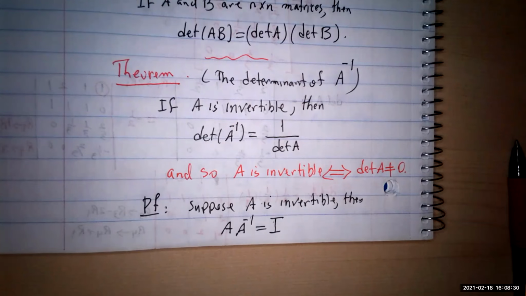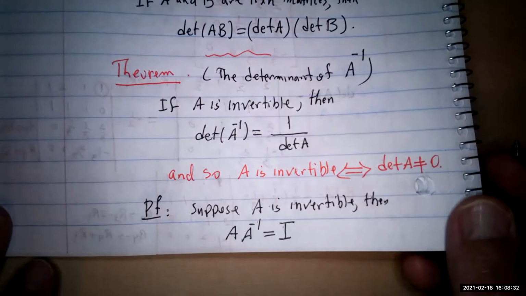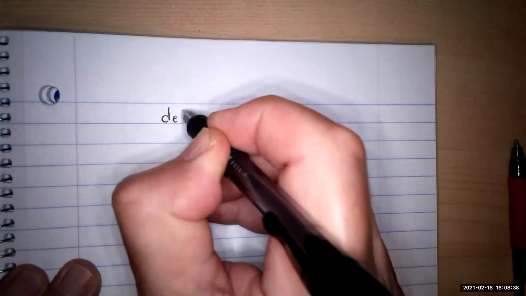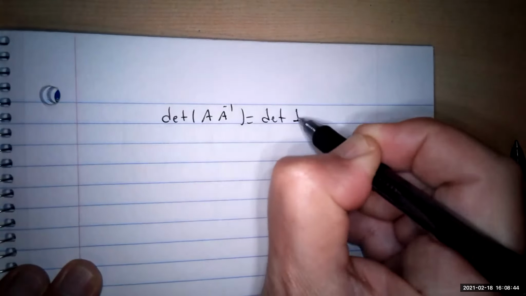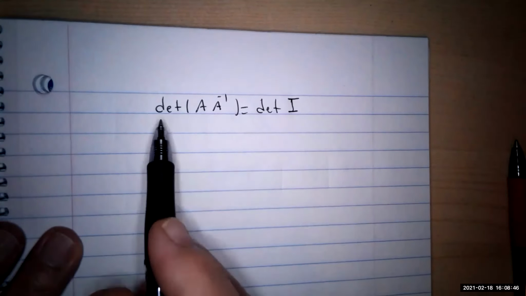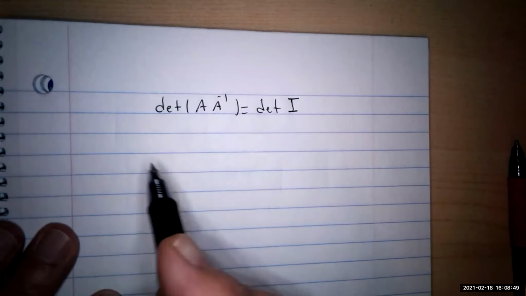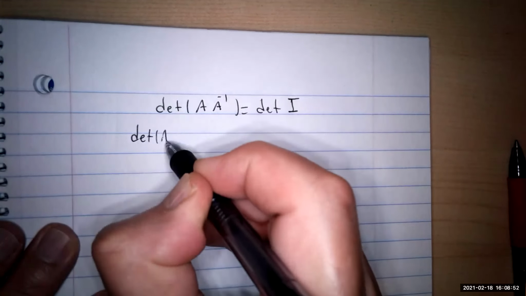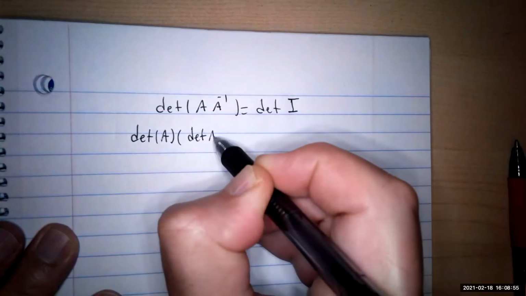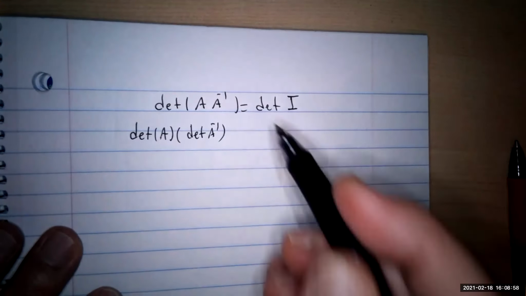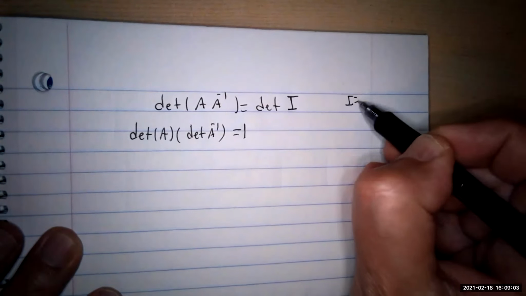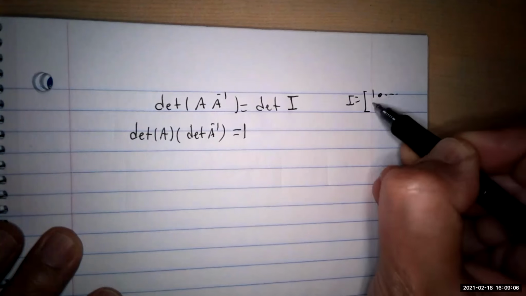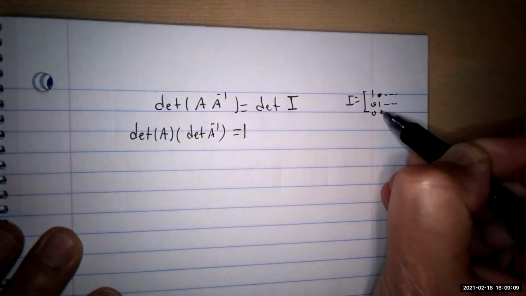If you take the determinant of both sides, the determinant of A times A inverse is equal to the determinant of I. We talked about it: the determinant is multiplicative, so this is the determinant of A times the determinant of the inverse. Remember, they are numbers. But the determinant of I is equal to 1 always, because I is 1, 0, 0, 0, 1, 0, 0, 0, 1.